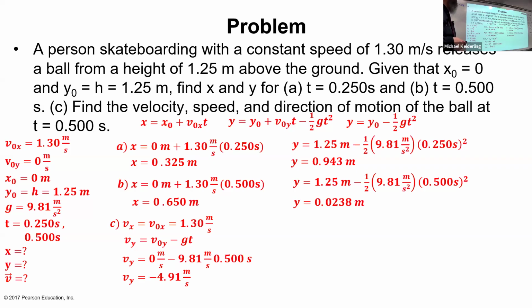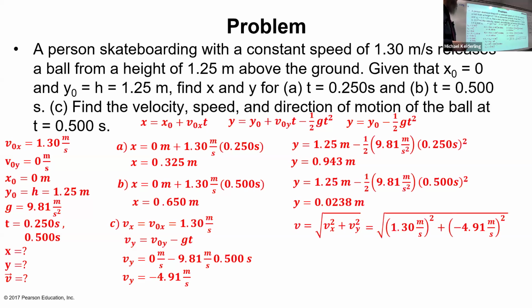But we want the speed and direction of motion of the ball. So the speed is going to be the square root of vx squared plus vy squared. So 1.3 meters per second squared plus negative 4.91 meters per second squared, all square rooted, gives us 5.08 meters per second.